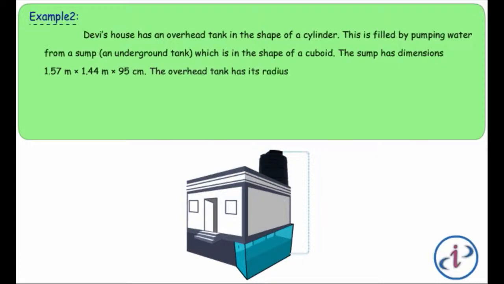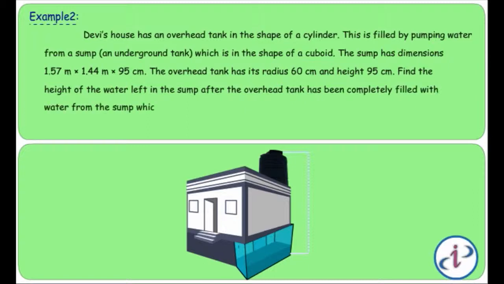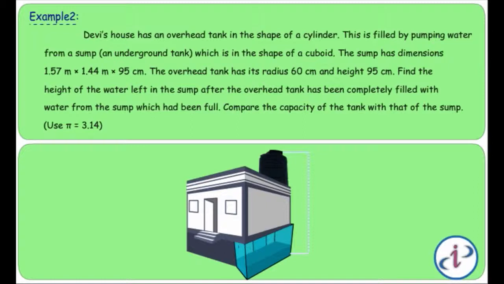The overhead tank has its radius 60 centimeters and height 95 centimeters. Find the height of the water left in the sump after the overhead tank has been completely filled with water from the sump which had been full. Compare the capacity of the tank with that of the sump. Use pi is equal to 3.14.